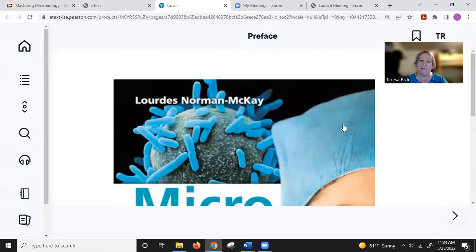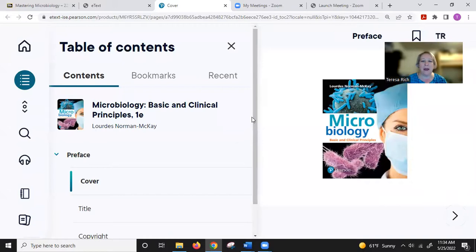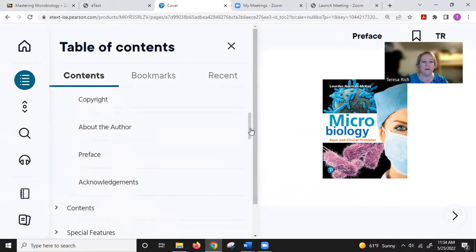It's taking forever. Okay, here's the title page. I'm going to go over to the table of contents. There we go, there's my little cursor.